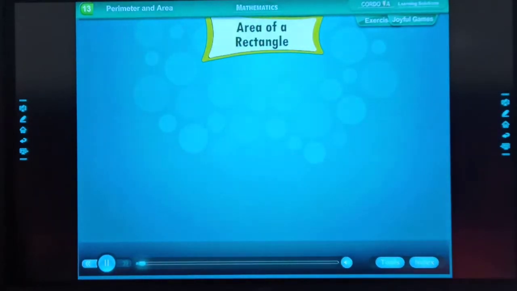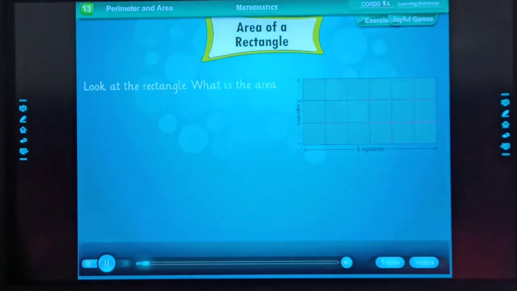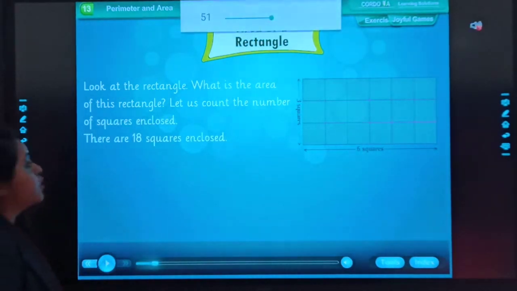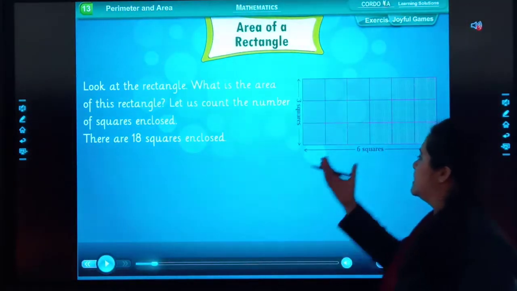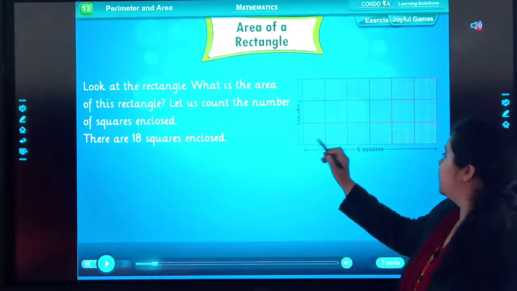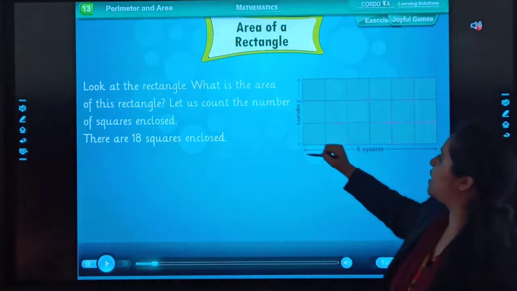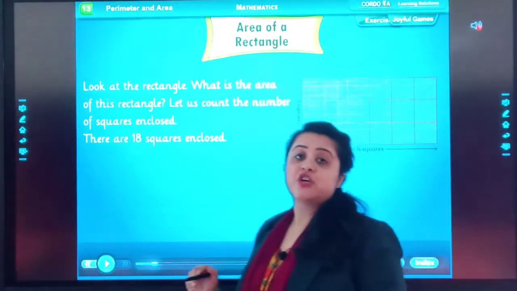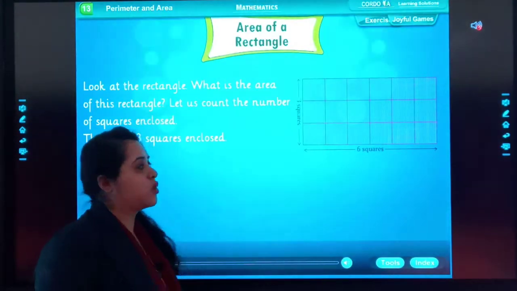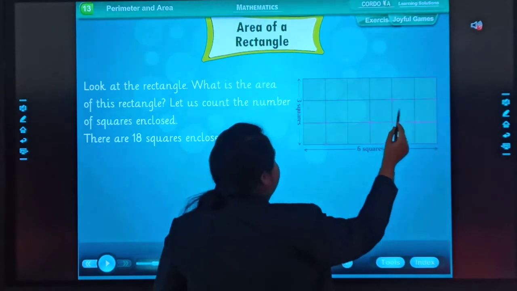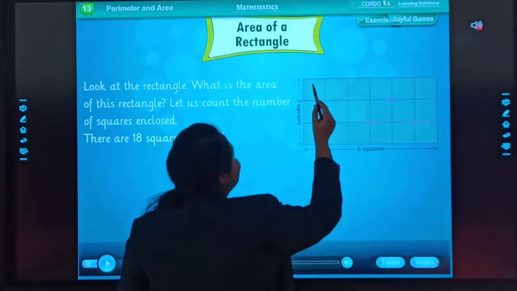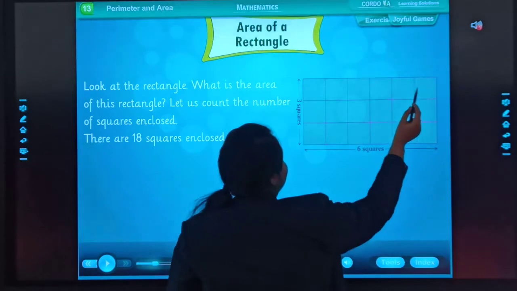Area of a rectangle. Look at the rectangle. What is the area of this rectangle? There are 6 squares here and 3 squares in this way. So in all there are 18 squares. 1, 2, 3, 4, 5, 6, 7, 8, 9, 10, 11, 12, 13, 14, 15, 16, 17, 18.